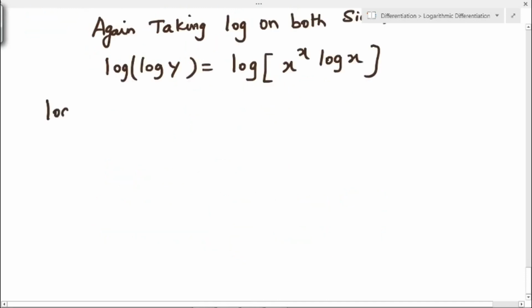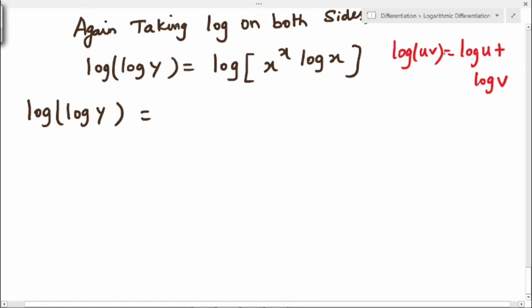So this is log of log y equal to, here we have two different terms, the first term is x power x and the second term is log x. So this is of the form log of u into v, that is log uv equals log u plus log v.